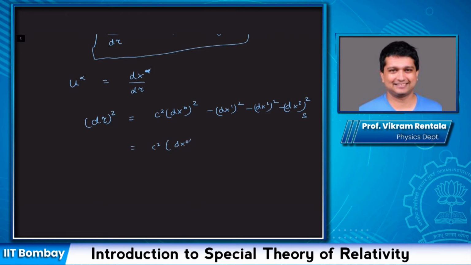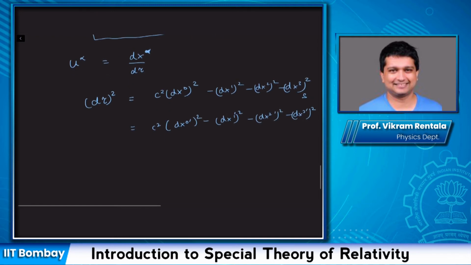And that would give us the proper time that has elapsed on this clock. And similarly, in frame S prime, we could calculate this as c² dx0'² minus dx1'² minus dx2'² minus dx3'².